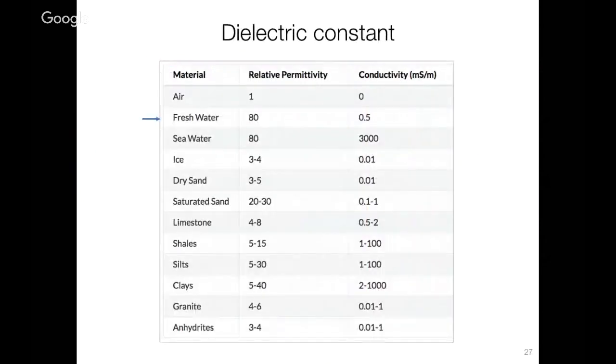But fresh water and salt water don't make any difference. So there are huge differences in conductivity or resistivity, and in dielectric constant.